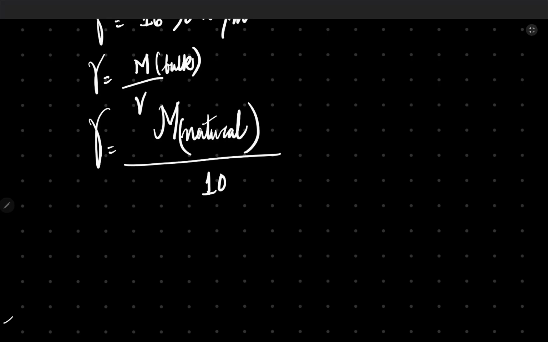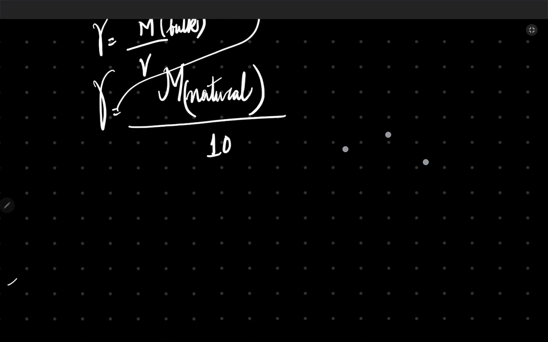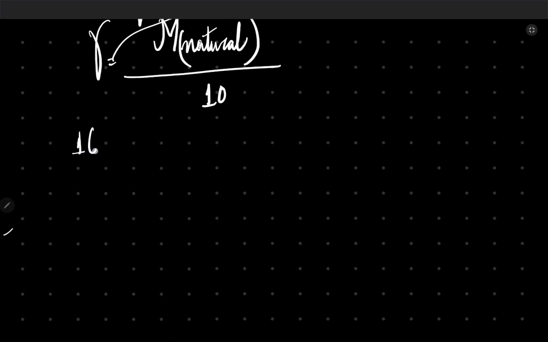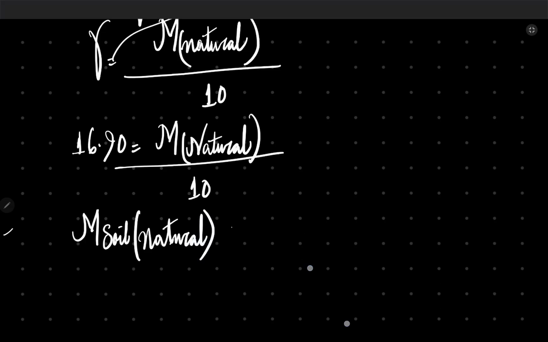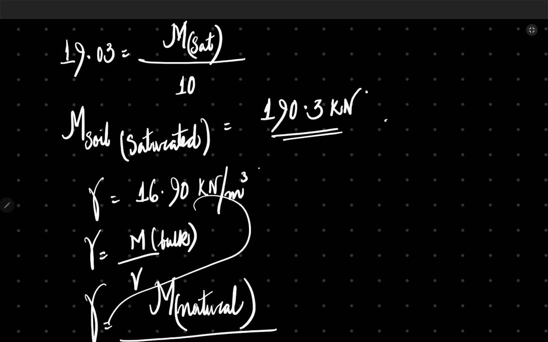So 16.90 is equal to mass of the soil in its natural state divided by 10. So mass of the soil in natural or the bulk state is equivalent to 169.0 kilonewtons.